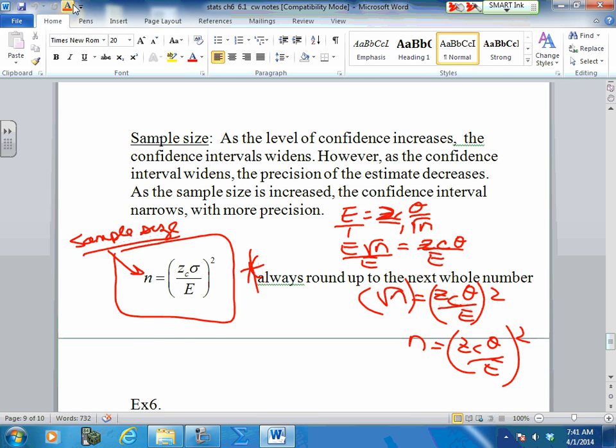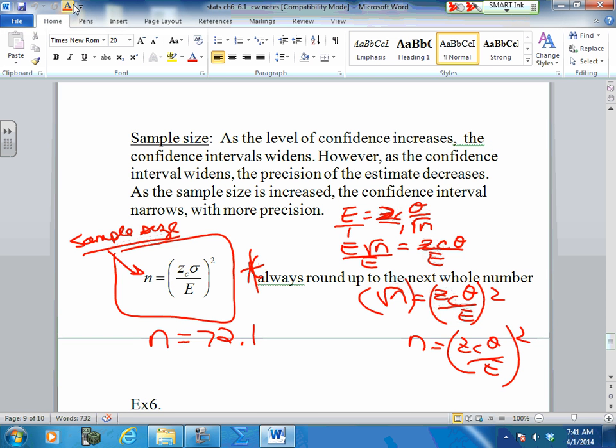Because if n is this, if I need 72.1 people for my sample, say I'm asking, how many people go to college. If I need 72.1 people, could I ever find a 0.1 of a person? We're in discrete numbers, aren't we? Discrete numbers when we count people. If I round it down to 72, I haven't reached 72.1.